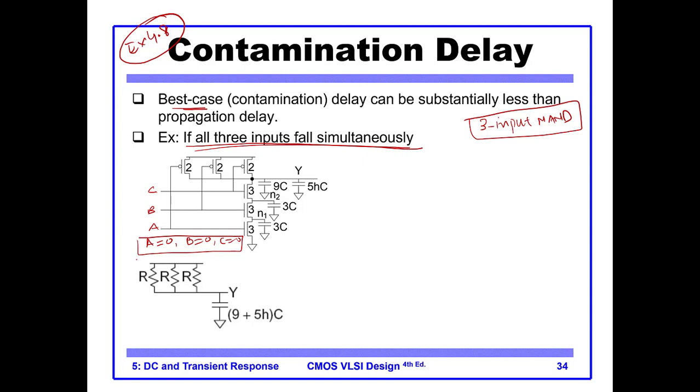In the best case, what happens is that VDD is connected. This is one PMOS through R, another PMOS through R, another PMOS through R. So these three resistances are in parallel, okay, and basically if you calculate the equivalent resistance, it will be R by 3, and you see that the supply is strongly driving the output.